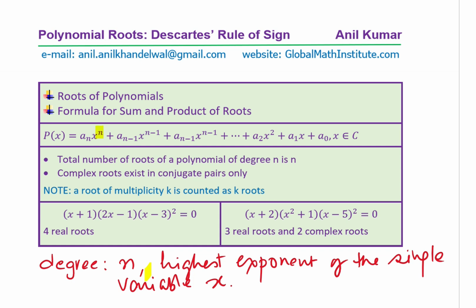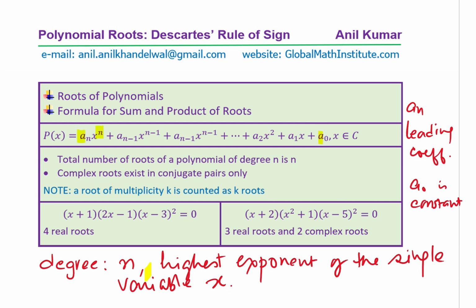Now what is a_n? Well, a_n is called the leading coefficient, correct? We also know that a_n is the leading coefficient. Let me write in short, and a_0 is the constant. Correct? So these are other important terms which we have to look into when we are talking about a polynomial.